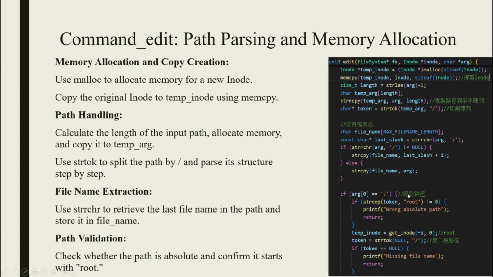And if the path does not start with root, an error message is shown. And strtok is used to extract the next level of the path. The token is checked to see if it is null, confirming whether the path contains a file name. If token is null, it indicates that path parsing has ended, but a file name is missing.